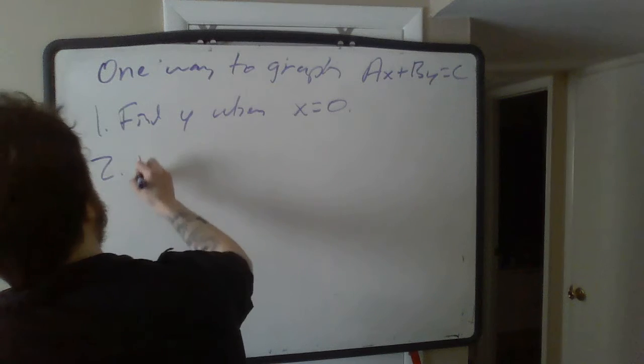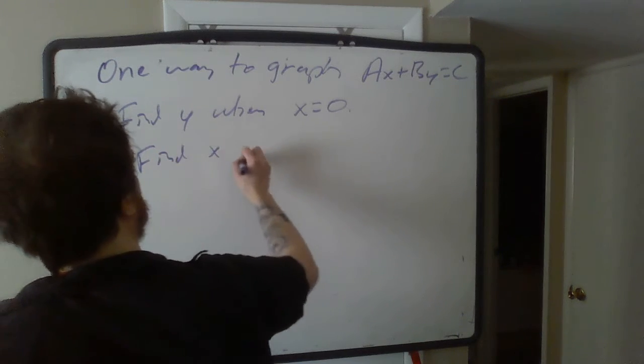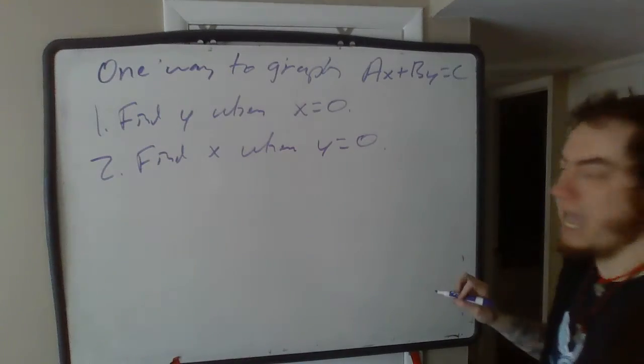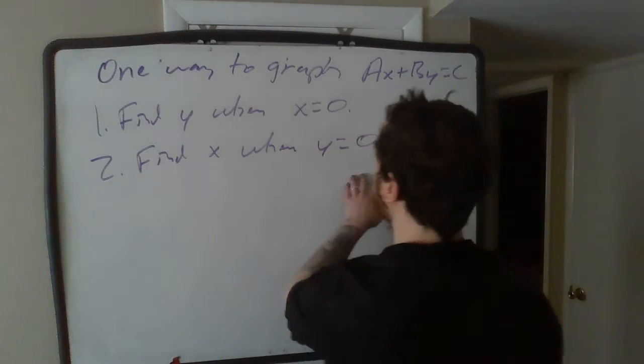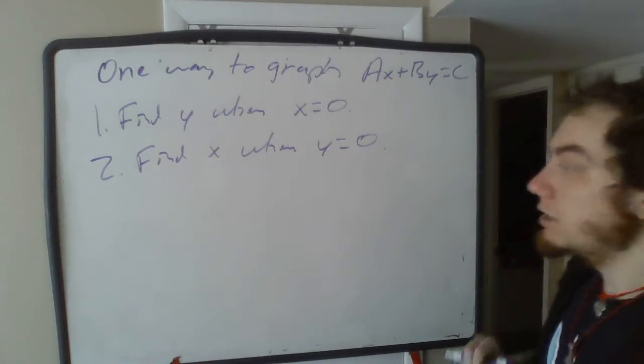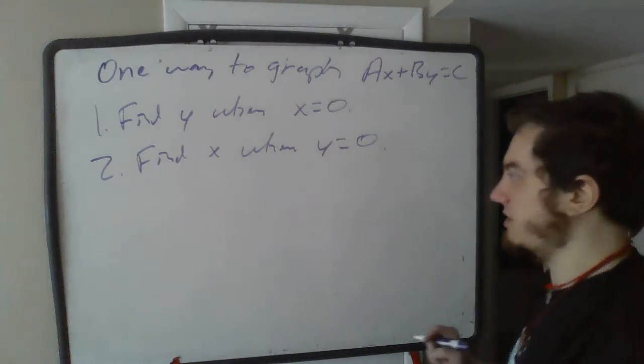Then we can find x when y equals 0. And then we're just going to mark those points and connect them with a straight line. So let me give you an example of doing this kind of thing.